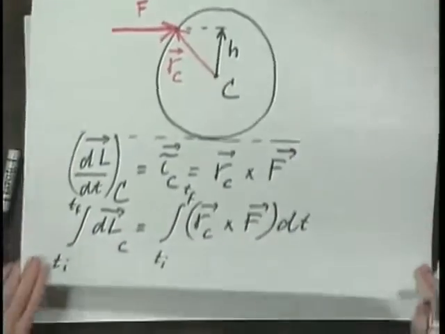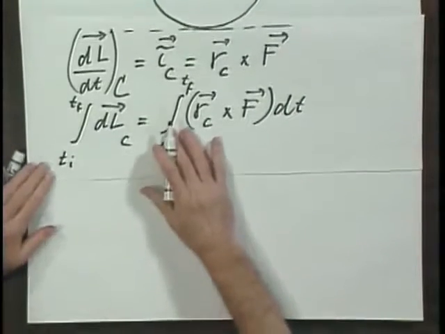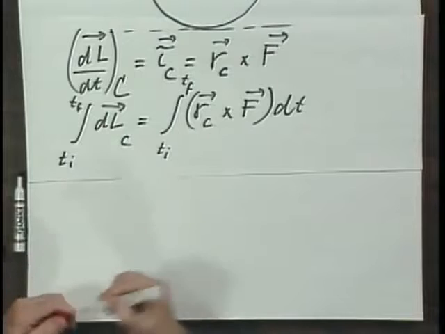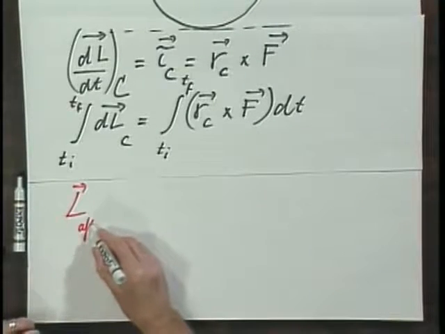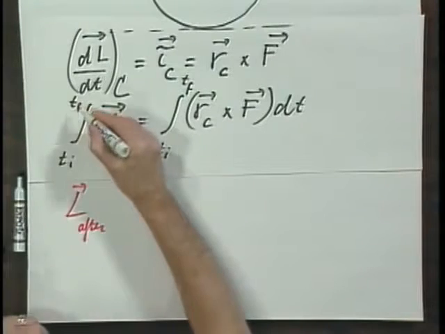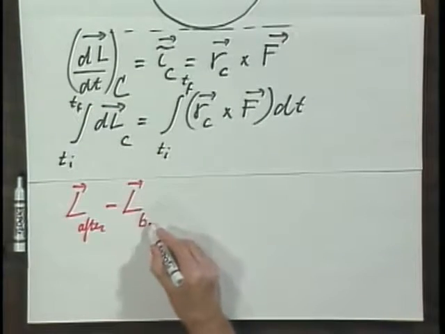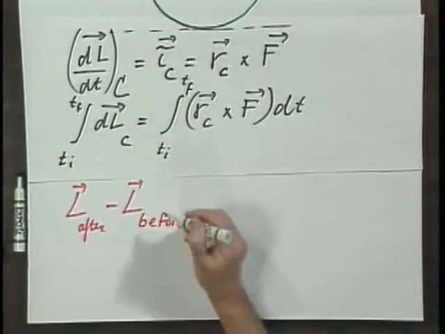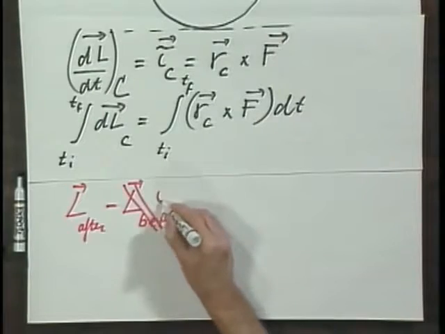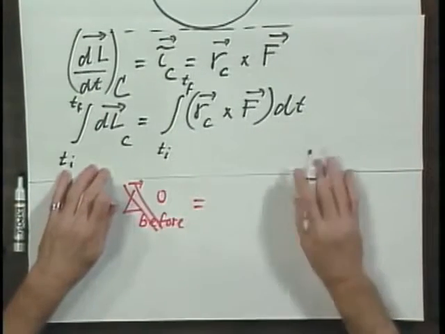What is this integral? Well, this integral is L after the impact, that means at time t final, minus L before the impact, that was at time t initial, and this is 0.